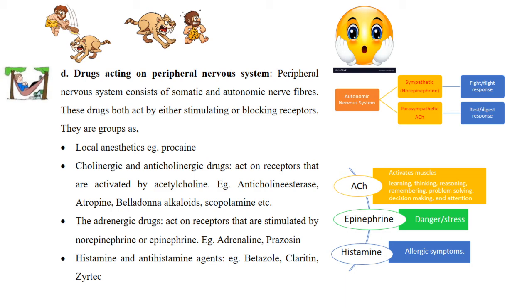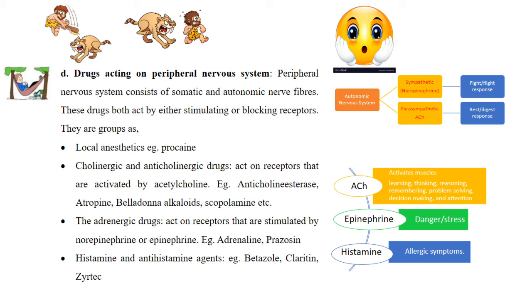Because acetylcholine is blocked during a snake bite, the muscles will be paralyzed, and in such conditions cholinergic drugs are advised, that is anticholine esterase. Choline esterase breaks down acetylcholine, so we give anticholine esterase so that acetylcholine will be available and our muscles will be actively participating. That is the function of cholinergic drugs.